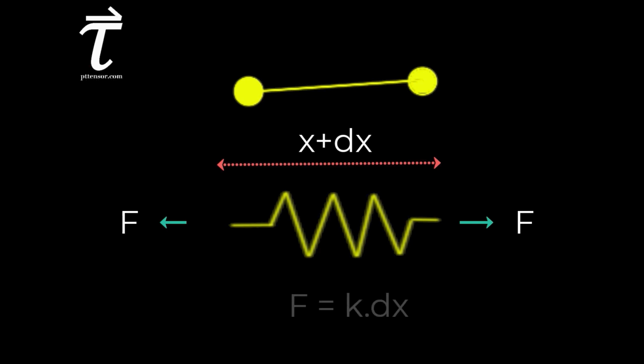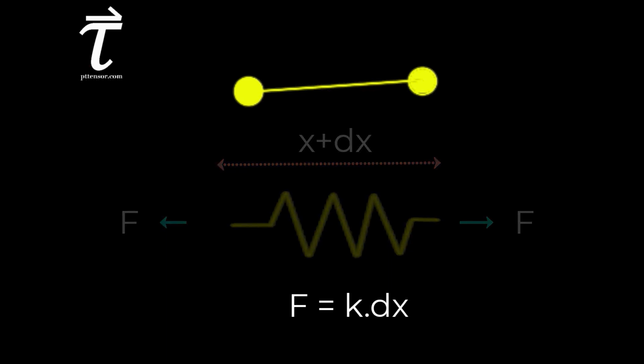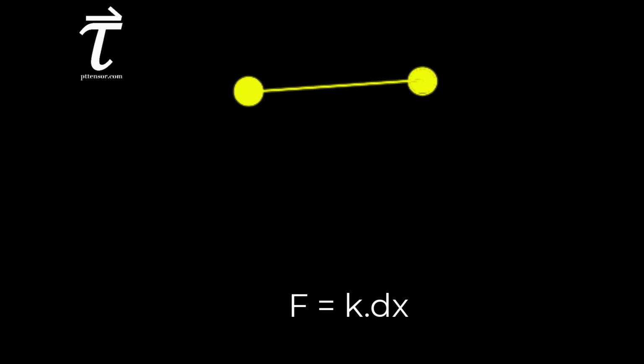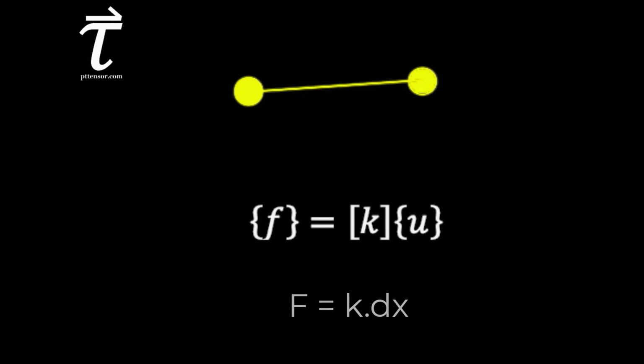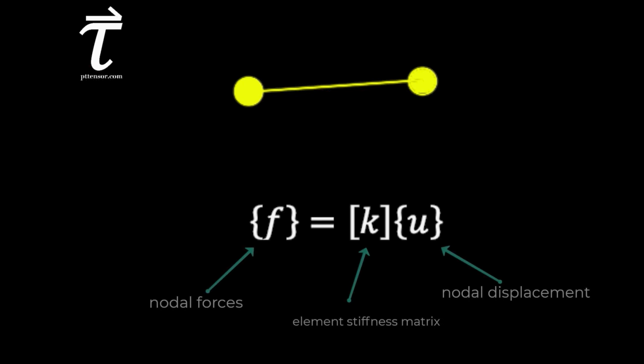From this simple stretch we can use the equation F equals K times dx, where K is the stiffness. With the same analogy, we can also arrange the same equation for our nodes, with the force and deformation in vector form and the stiffness in matrix form.